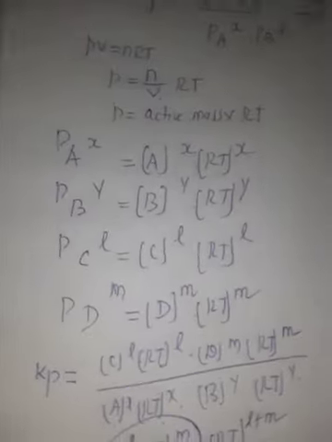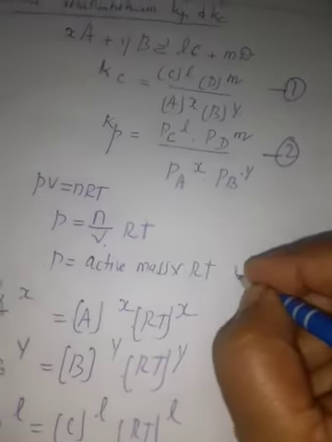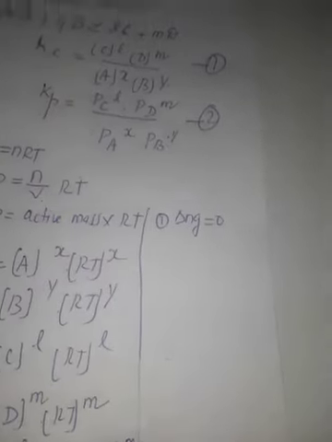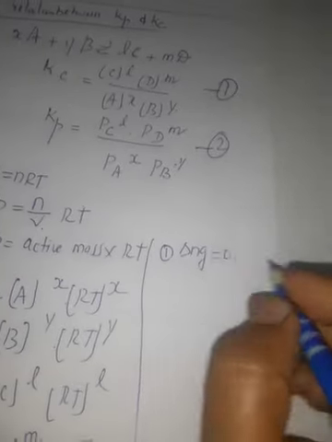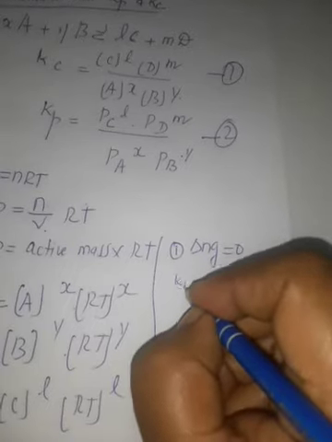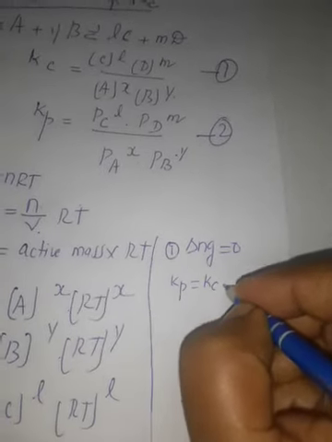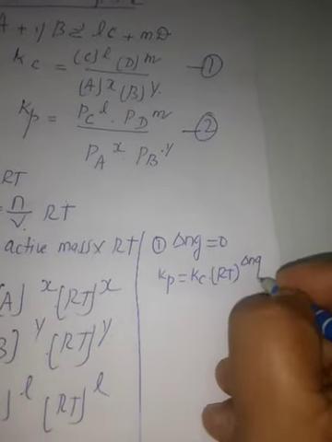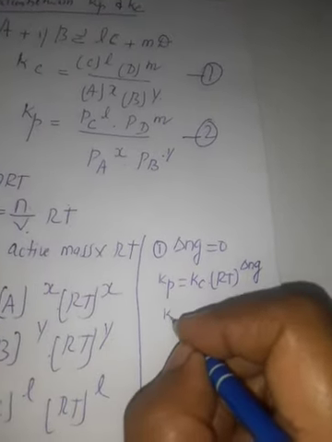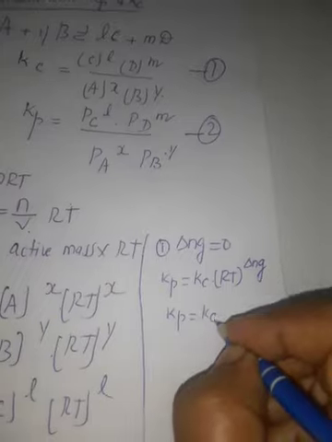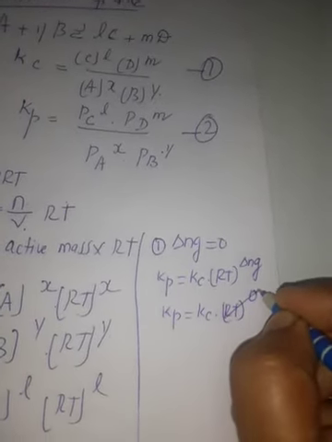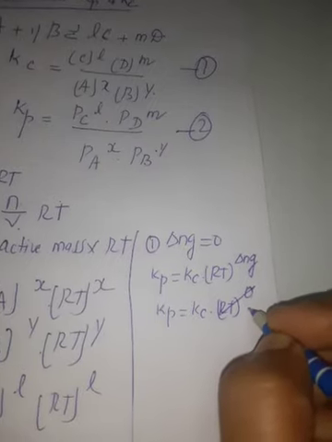Case 1. When delta Ng is equal to 0, what happens? Kp is equal to Kc into (RT) power delta Ng. When delta Ng is equal to 0, Kp is equal to Kc into (RT) power 0. So, this term is 1.